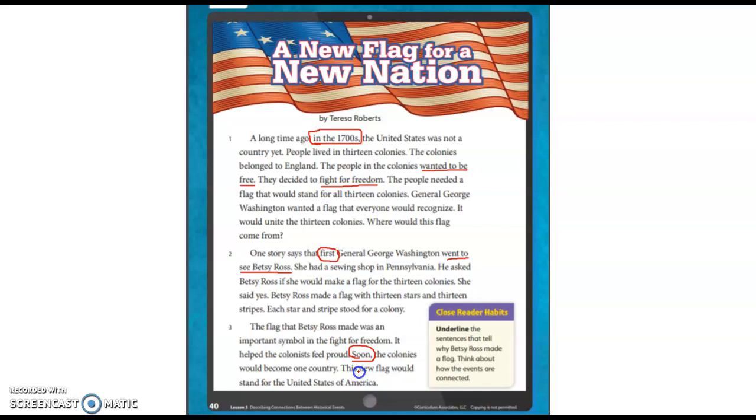I want to ask you a question, and I want you to tell someone in the room the answer to this question. So this can be a person, it can be a pet, it can be a stuffed animal. I want you to find a sentence that tells why Betsy Ross made the flag.